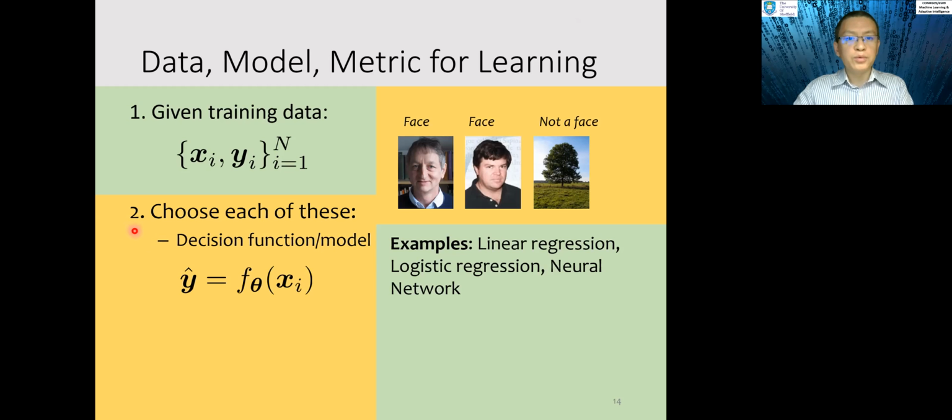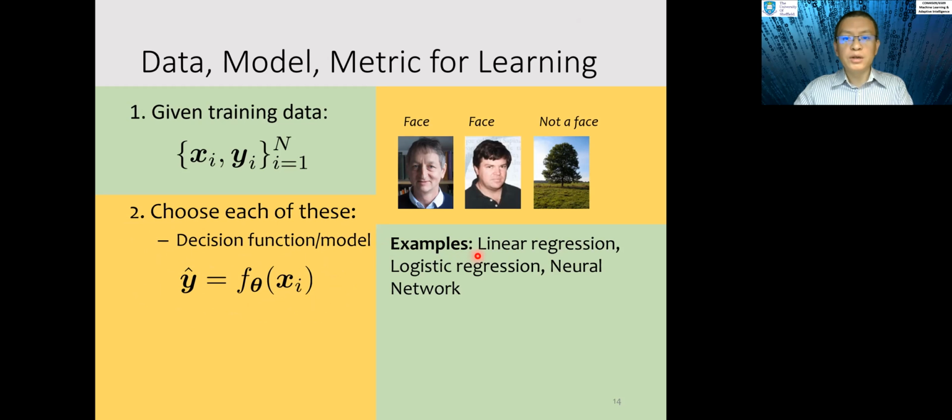Next, we need to choose a decision function, or a model, so that we can estimate a y from an x, that is, estimate an output from an input. This is the forward pass.